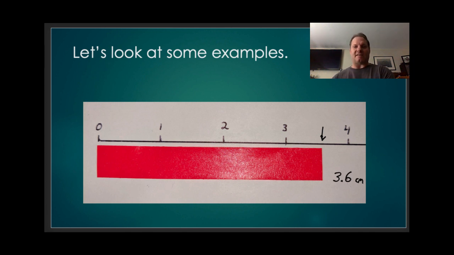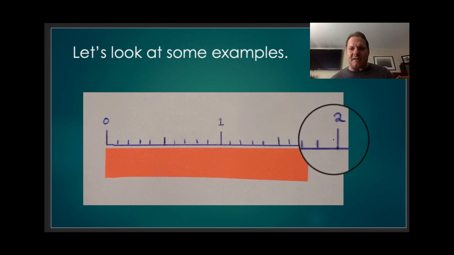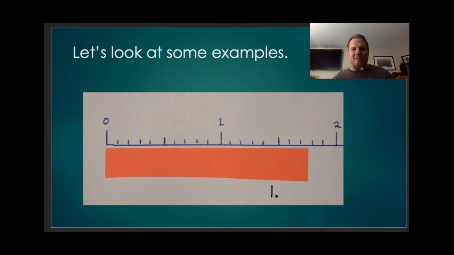Let's take a look at another example. Different type of scale here. Let's say that these maybe are centimeters, and it's a really close view. So there's 1 centimeter, there's 2 centimeters. I know this is 1 point something. Would you agree? It's past 1, it's not yet 2. So it's 1 point what?